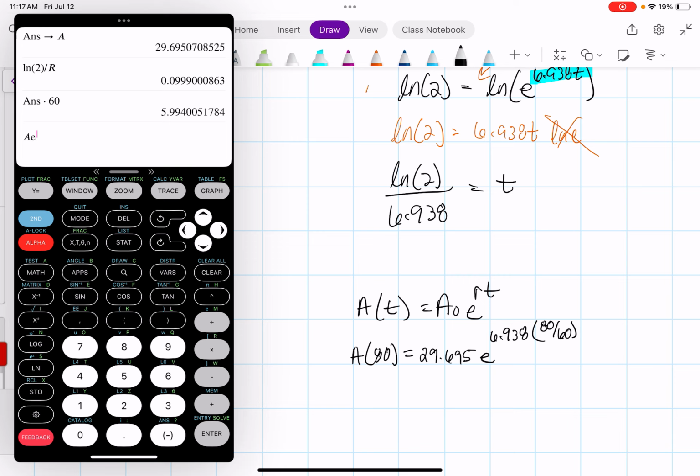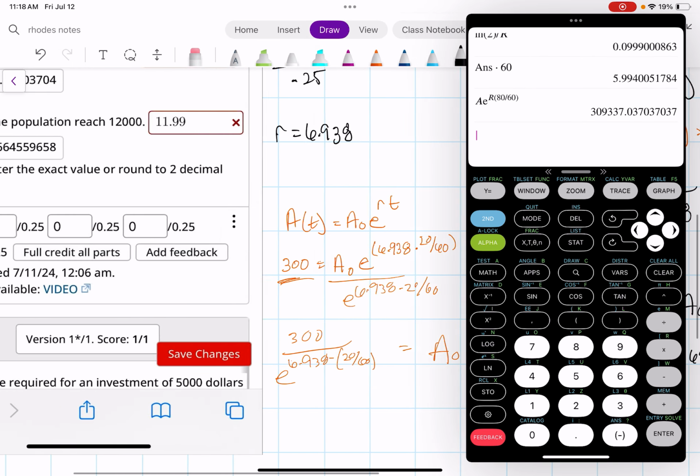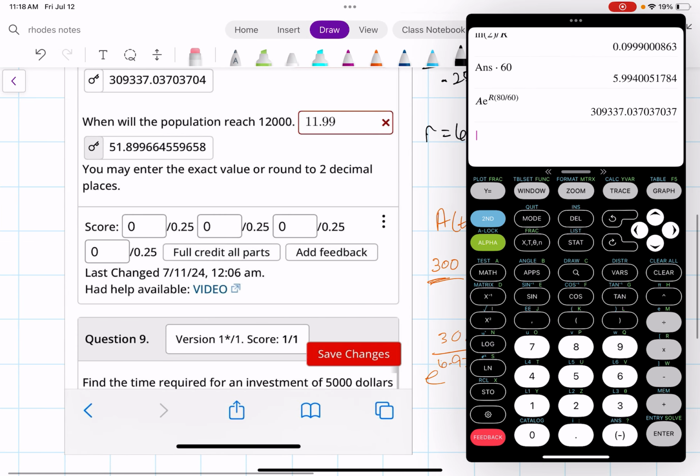Remember I have that stored as r, and then we'll multiply it by 80 over 60 and see what that gives us. 309337. 0.037037 repeating. Okay.